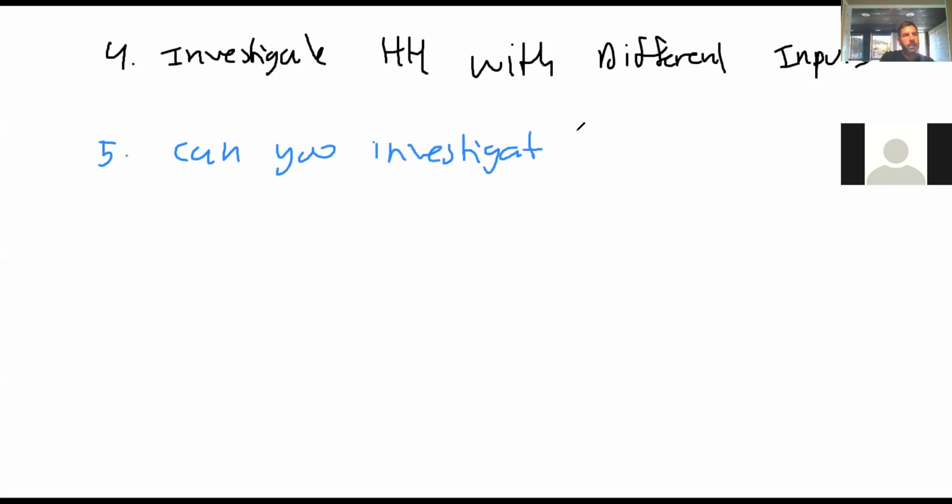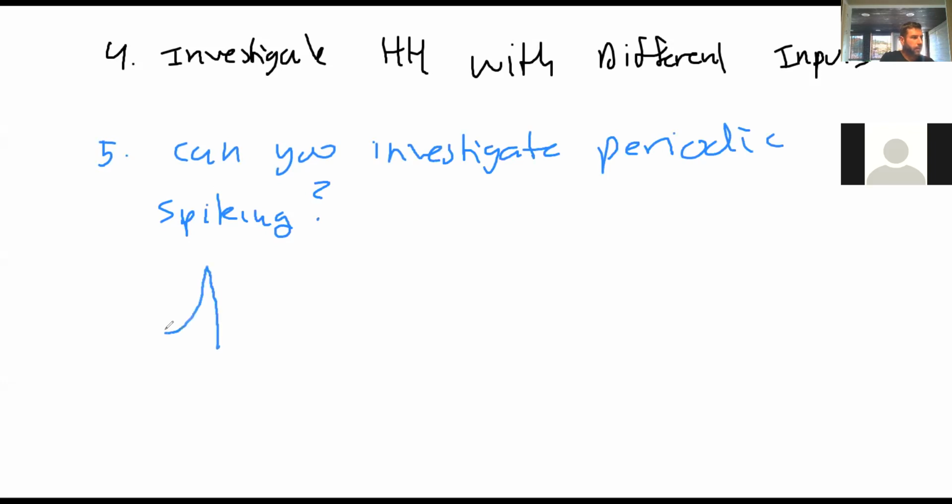Can you investigate what we call periodic spiking? What does that look like? You get the spike, and then it comes down, and then it spikes again.